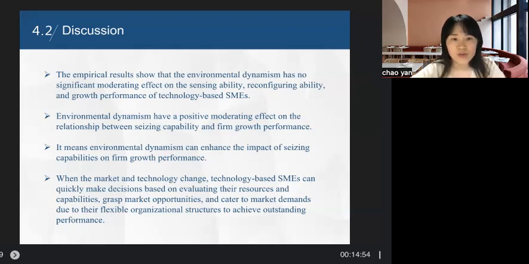It means environmental dynamism can enhance the impact of seizing capability on firm growth performance. When the market and technology change, technology-based SMEs can quickly make decisions based on evaluating their resources and capabilities, grasp market opportunities, and cater to market demands due to their flexible organizational structures to achieve an outstanding performance.